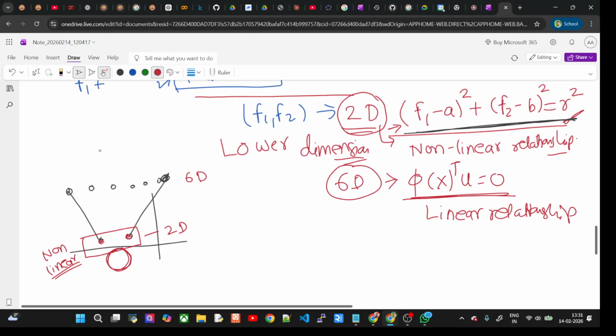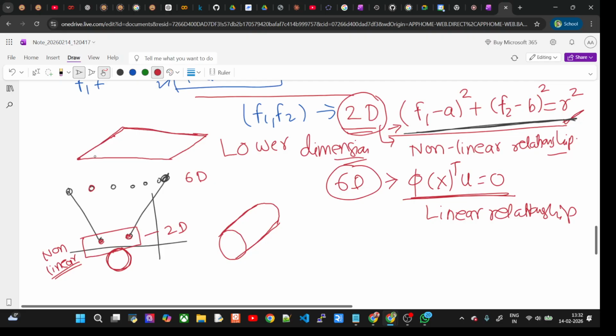But the same circle, for example, is kind of a cone, sorry, not a cone, a cylinder. So this is like a cylinder in 2 dimensions, and if I bring that to the higher dimension, that cylinder will be rolled out like this.